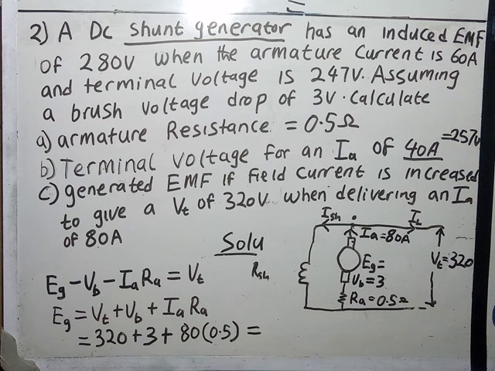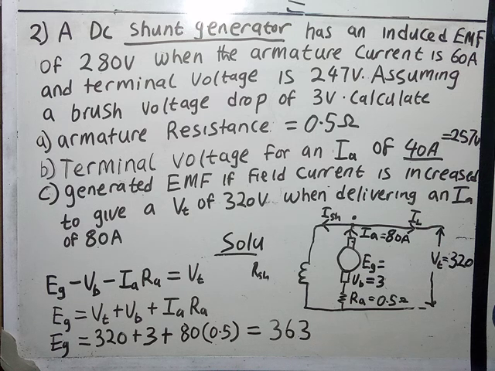Now compute with your calculator: 320 plus 3 plus 80 bracket 0.5 bracket close.